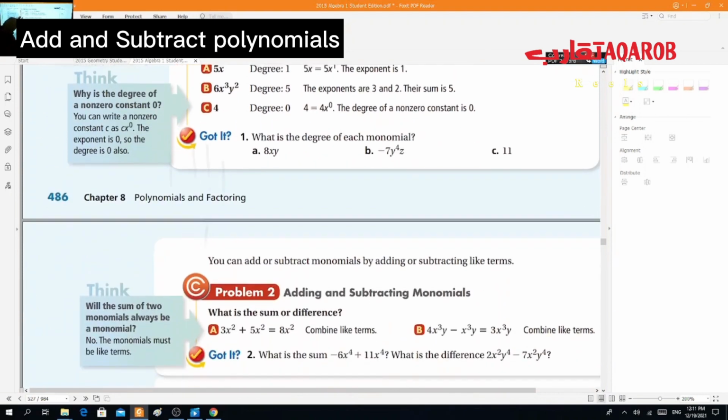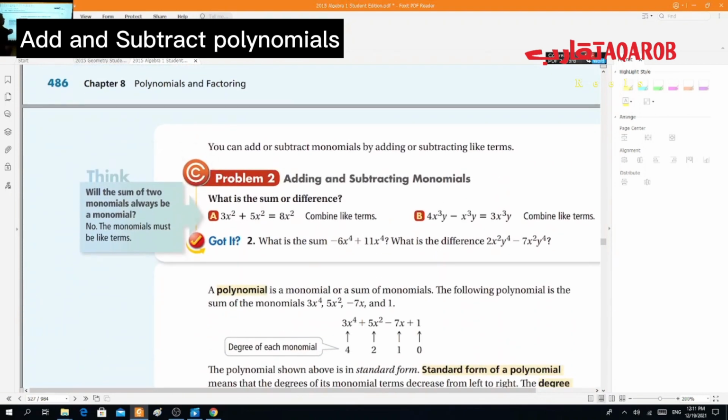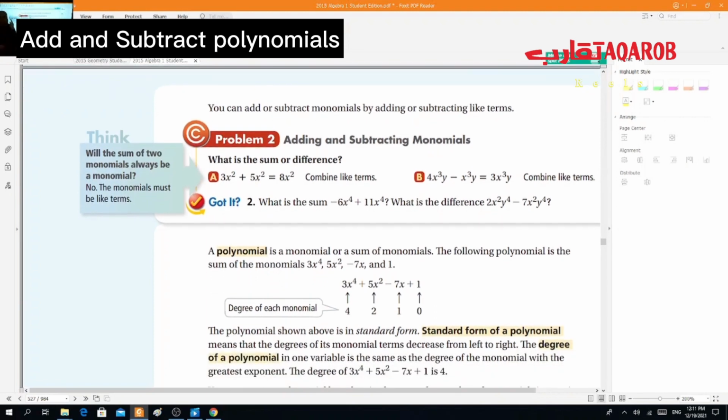Now, let's see how I can add and subtract monomials. A monomial, as you can see here, only consists of one term. It has no addition or subtraction. So we can add like terms.